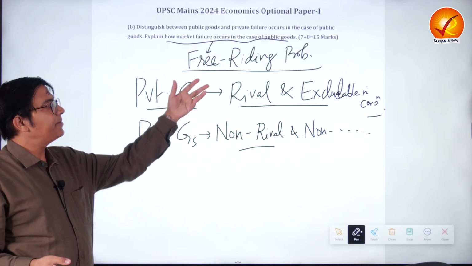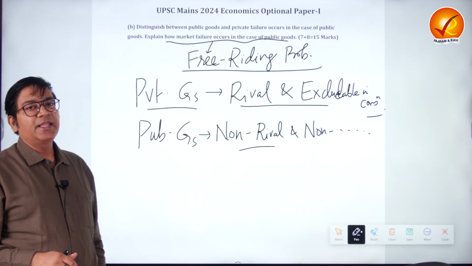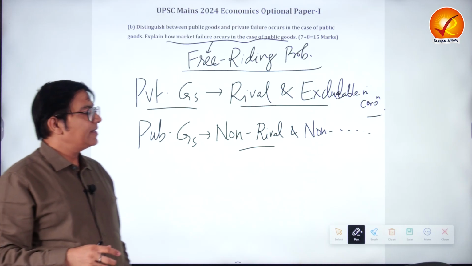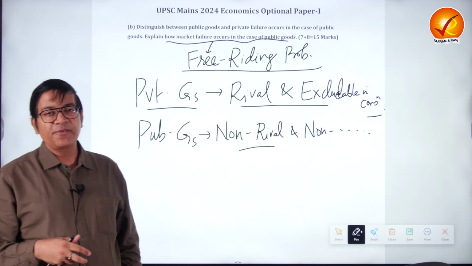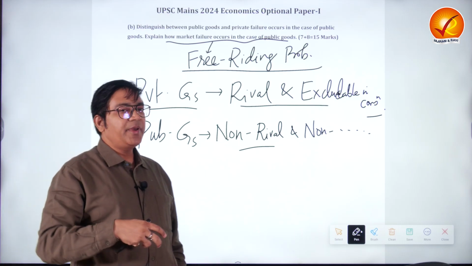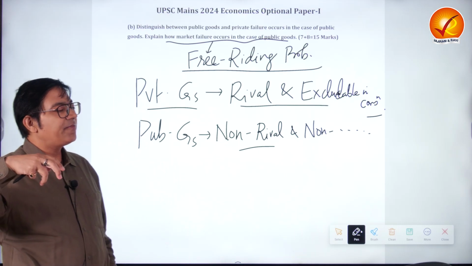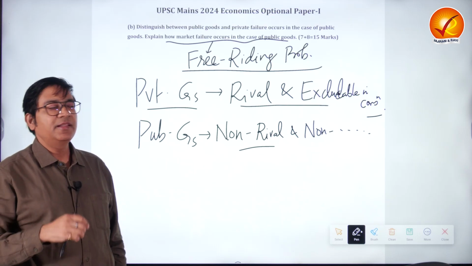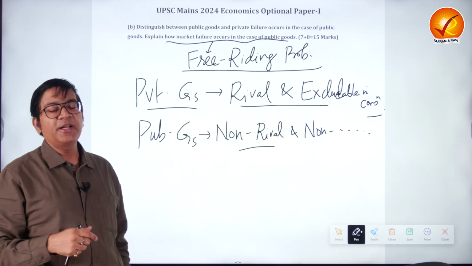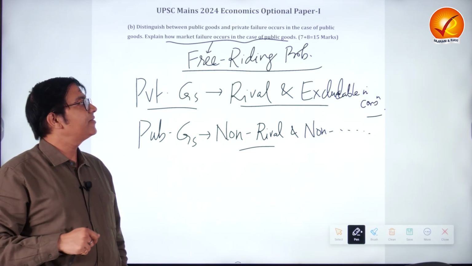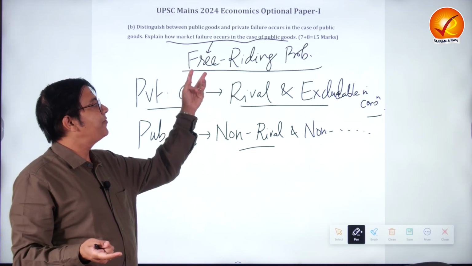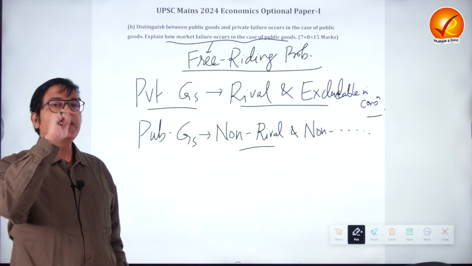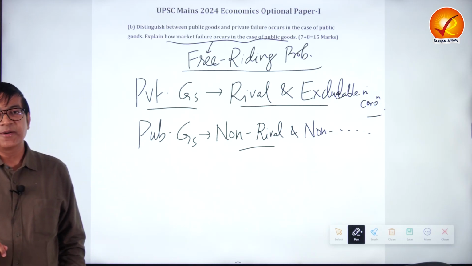Free riding basically refers to the fact that since I know the public good will be provided for all or not for anyone, someone may state their preference falsely. They can say that they don't need the public good, knowing very well that if it is brought in, they will also benefit. They try to free ride on those who are ready to pay for the public good.